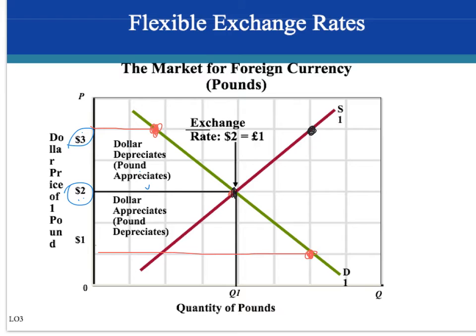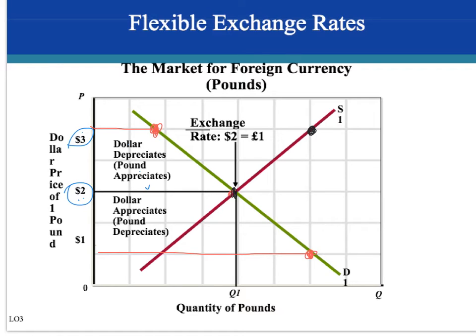The British are willing to exchange a higher quantity, or supply a higher quantity of pounds, in order to buy dollars, because now US goods are cheaper relative to British goods. So the dollar has dropped in value, and so the British can now buy more American goods and services than before. So they're willing to supply a higher quantity of pounds in order to buy American dollars, because now American dollars are cheaper, and therefore they can buy cheaper American exports.